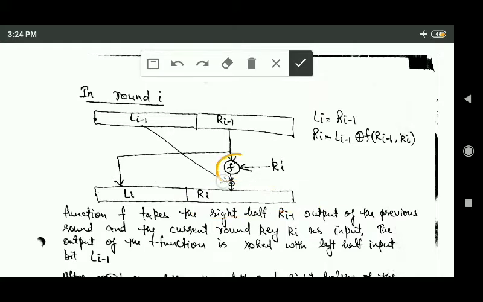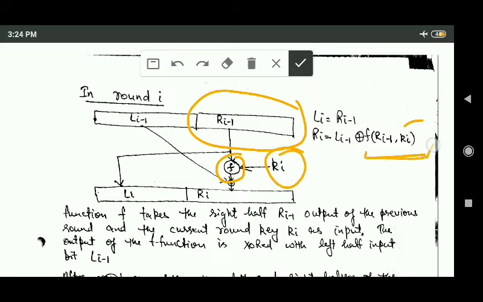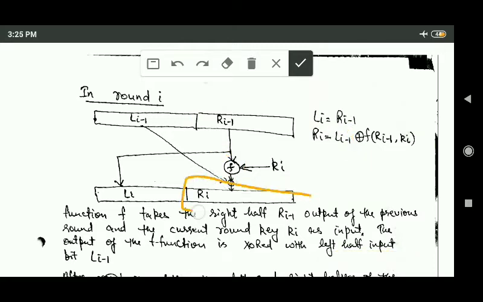A function f is used, and this function takes two inputs: one is the right half of the input, and the other is the round key Ki. Then whatever output is produced by this function is XORed with the left half input, that is L(i-1).